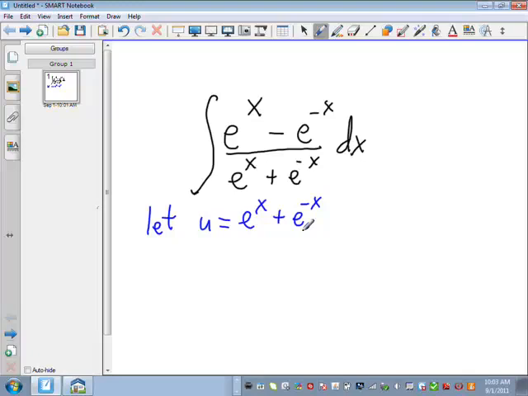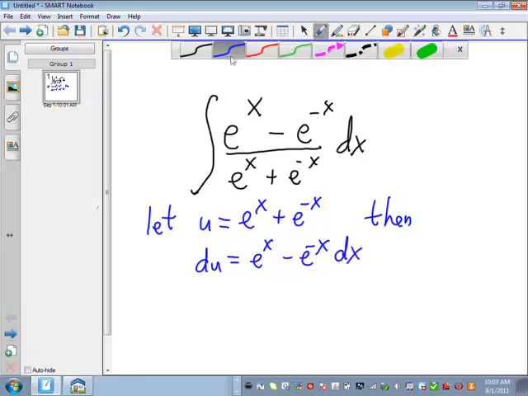Negative x as u. That's weird. Again, beat me to the answer. Then du equals e to the x minus e to the minus x dx.